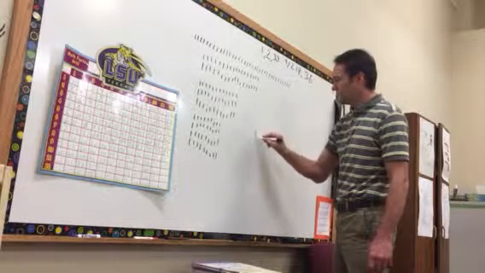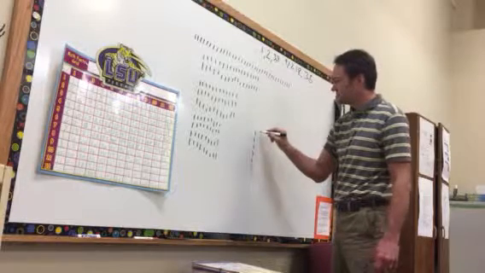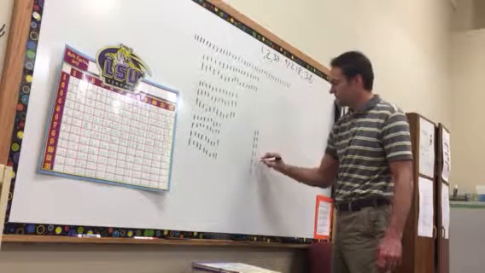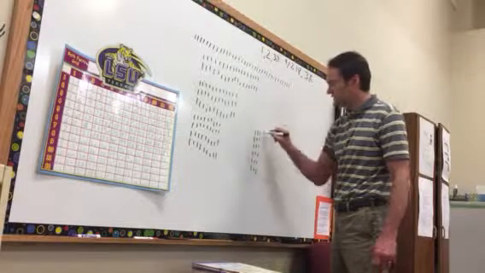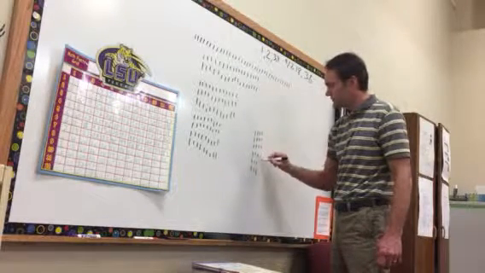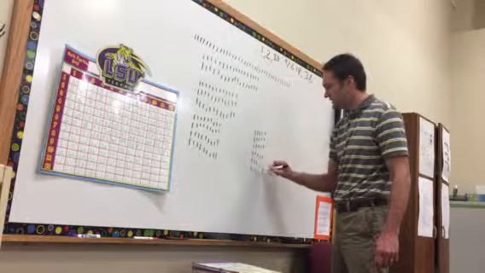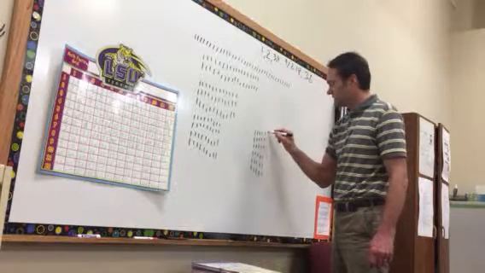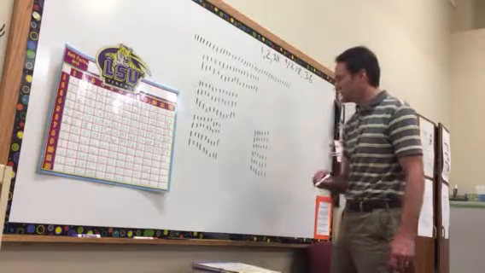Alright? So we'll go 1, 2, 3, 4, 5, 6, 7, 8, 9, 10, 11, 12, 13, 14, 15, 16, 17, 18, 19, 20, 21, 22, 23, 24, 25, 26, 27, 28, 29, 30, 31, 32, 33, 34, 35, 36.